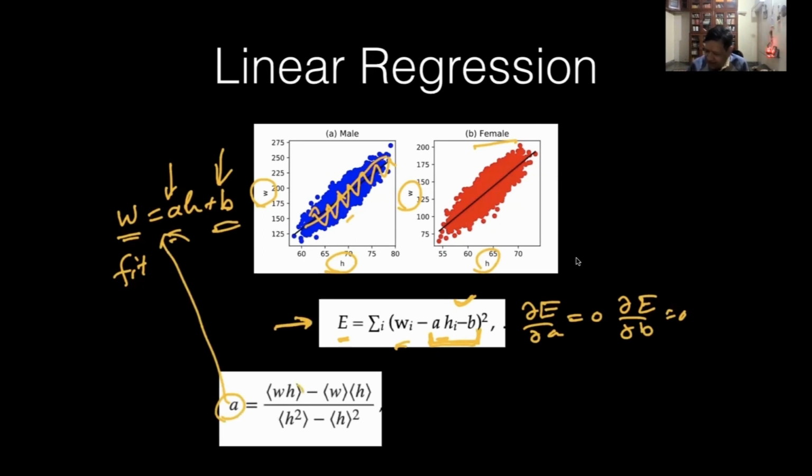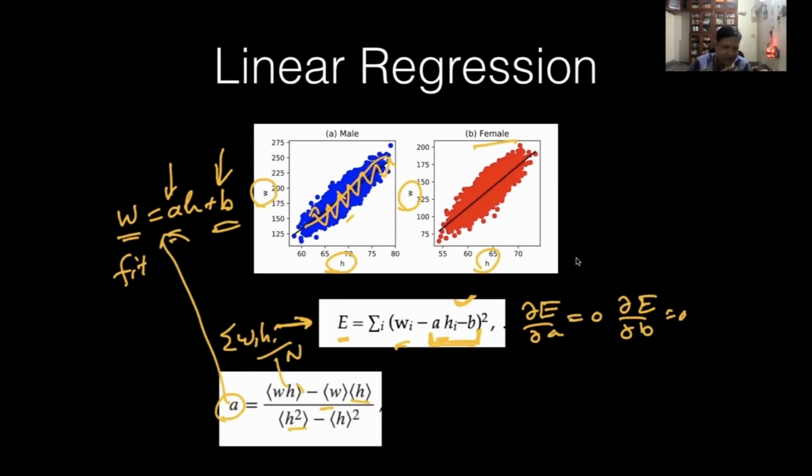Just take the data and compute the WH average. So this is nothing but the sum of Wi Hi divided by the number of points. Okay, that's how we compute an average. For any function, you just sum it up and divide by the number of samples. So this is average W, average H, divided by H squared average minus H average squared. Okay, that gives you A.